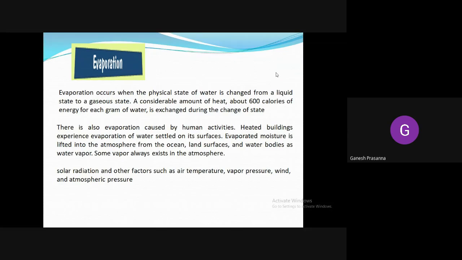Okay, solar radiation and other factors also correspond to the air temperature. That is, air temperature, vapor pressure, wind, and atmospheric pressure also contribute to evaporation. Not only the heat, but also solar radiation and other factors like air temperature, vapor pressure, wind, and atmospheric pressure contribute to evaporation.